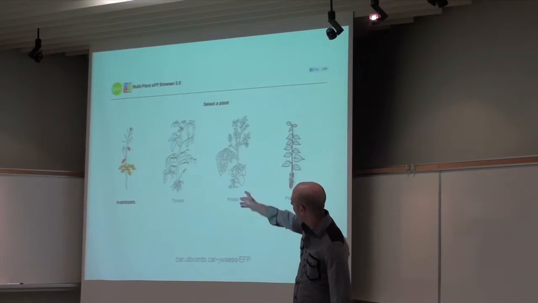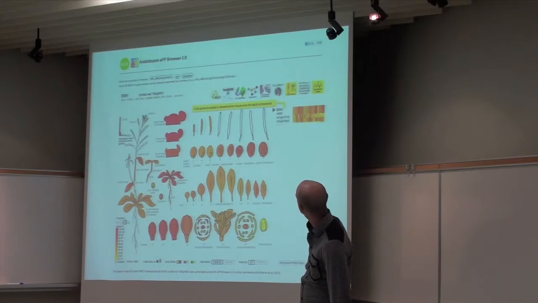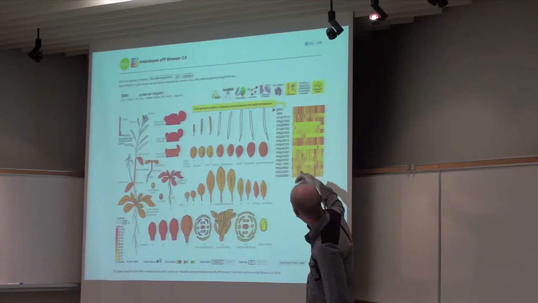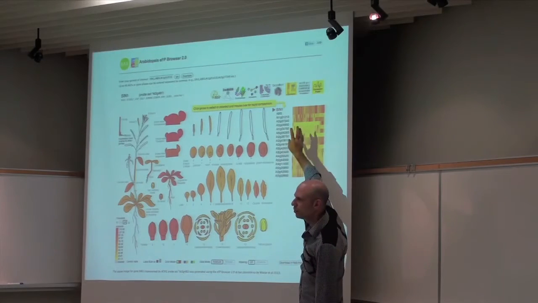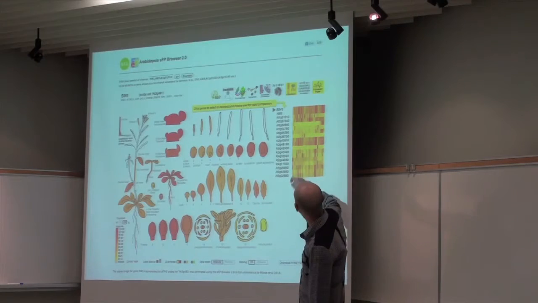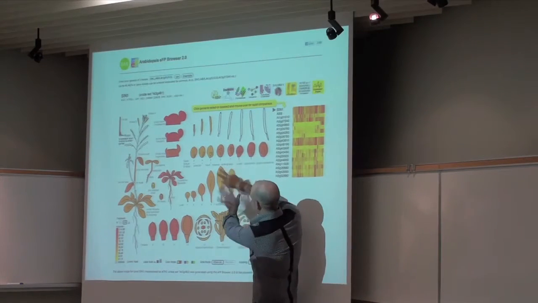So the idea would be you can pick your plant, and you can enter up to 40 genes at a time. You press go. This is only 20, but it goes back to there. And then you can scroll up and down your list of genes, and you see a heat map there just to compare expression patterns. And all of these things light up in real time.